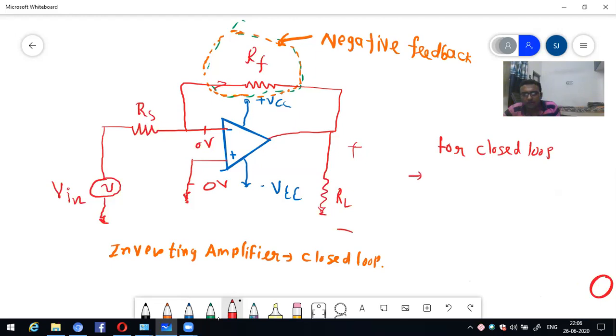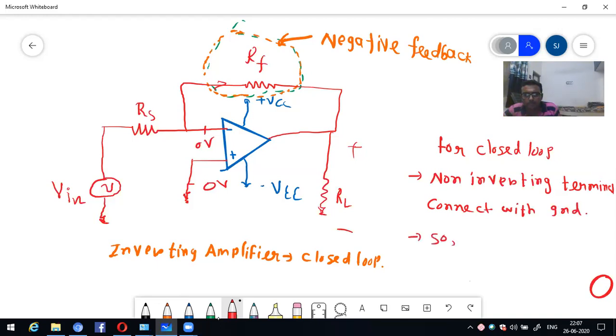So for closed loop, the non-inverting terminal is connected with ground.